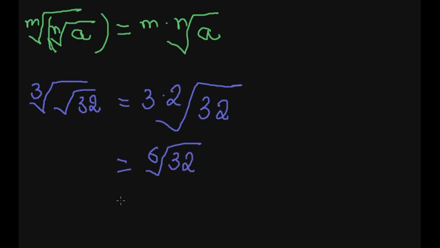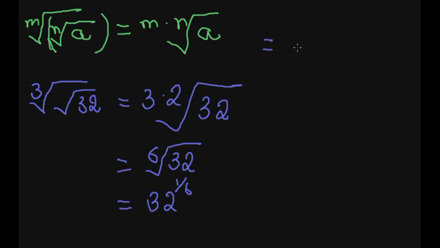As per the rational exponent, we can write 32 to the power 1 by 6 is equal to 32.